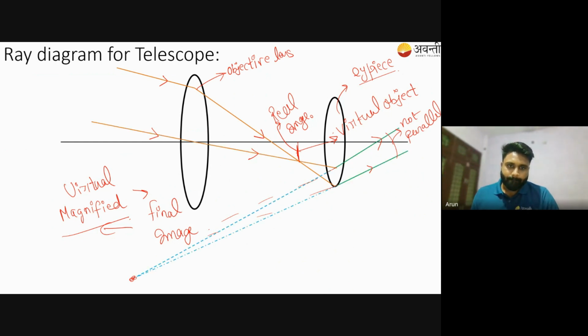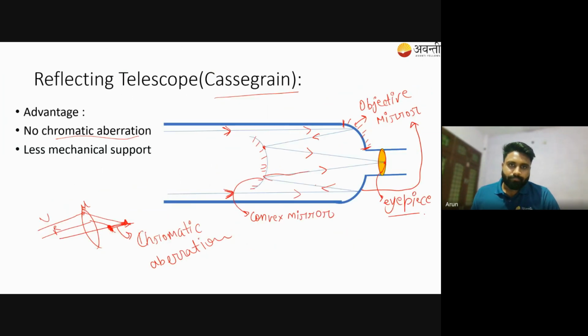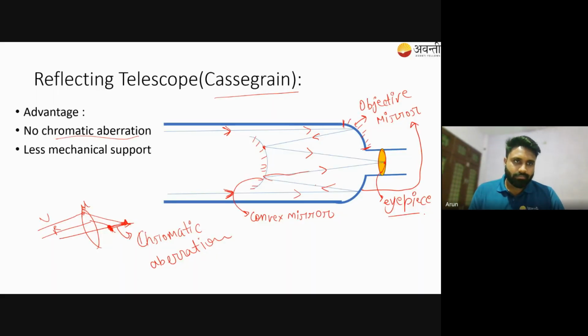Okay. But in this, you will see we have used simple mirrors and one lens only. So less mechanical support is required. So these are some properties of it. No chromatic aberration, less mechanical support. Okay, I hope you got this.